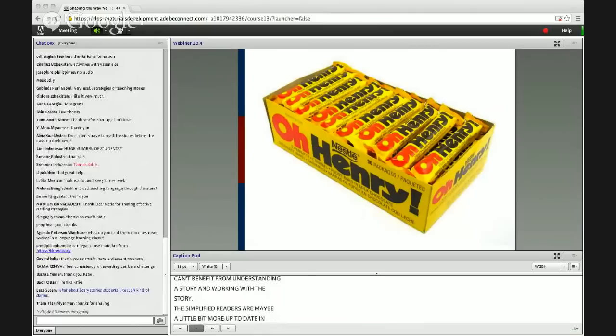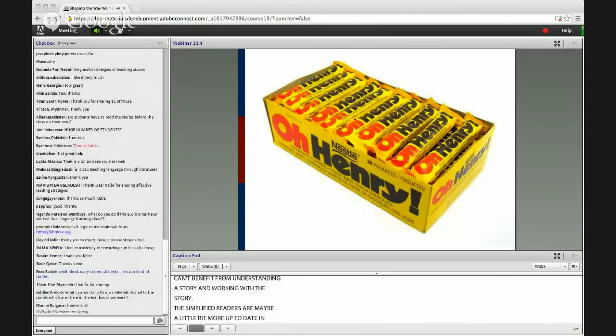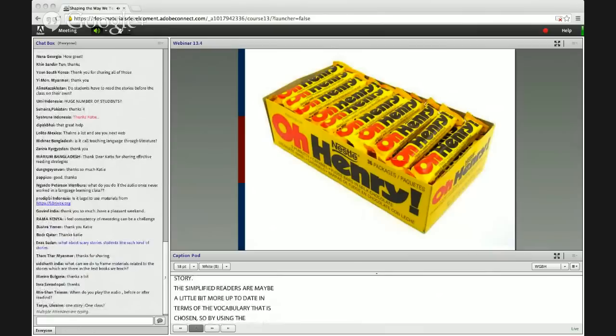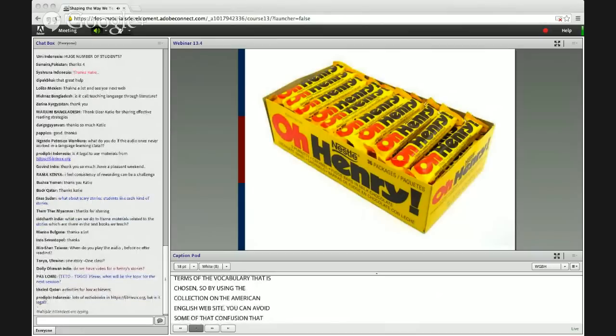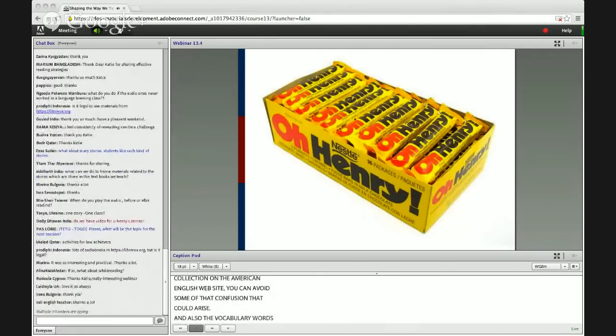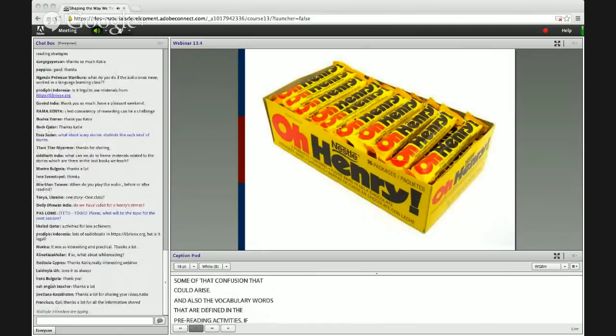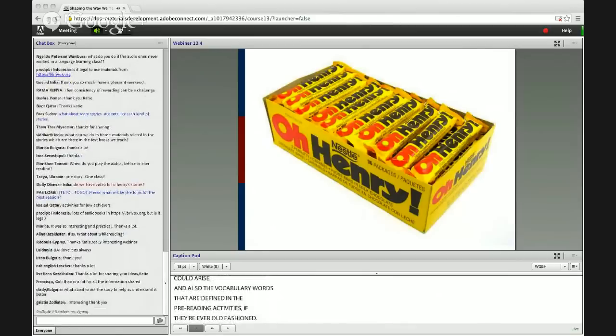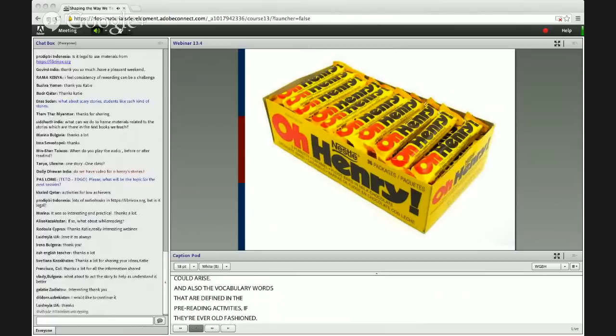So by using the collection on the American English website, you can avoid some of that kind of confusion that could arise. And also the vocabulary words that are defined in the pre-reading activities, if they're ever old-fashioned, that would be explained in the glossary or in the pre-reading activity.